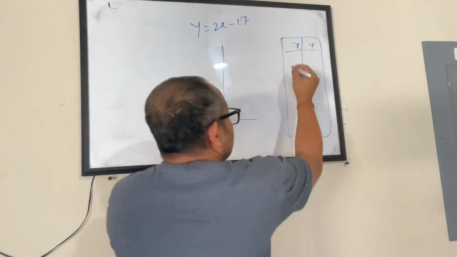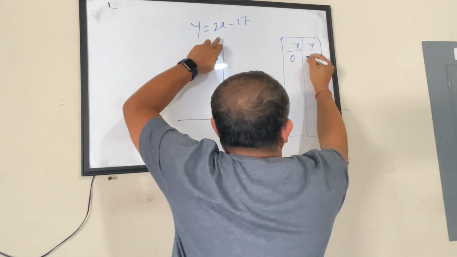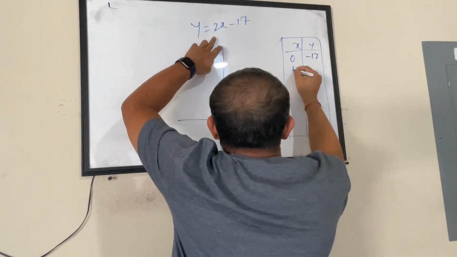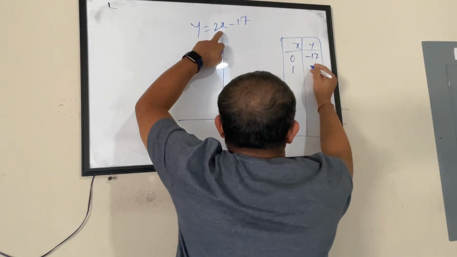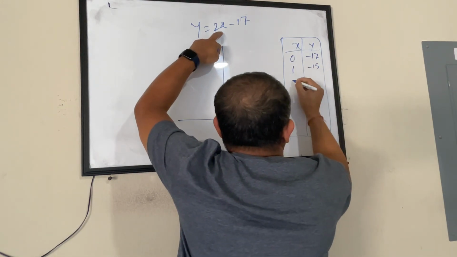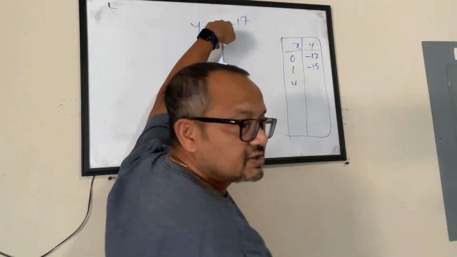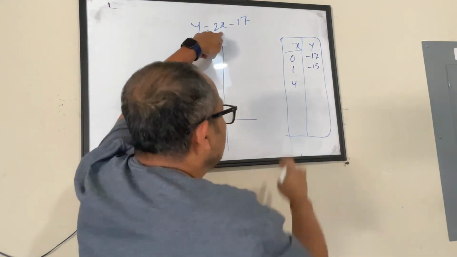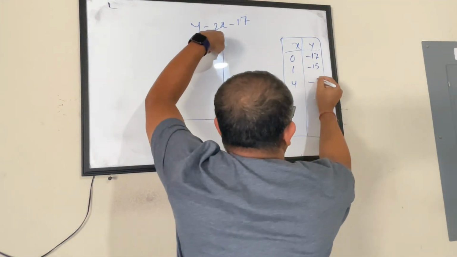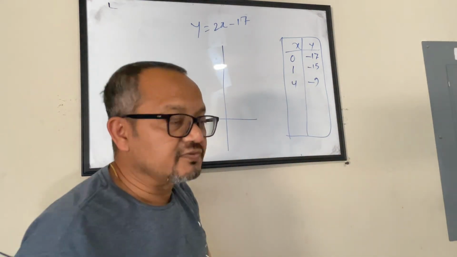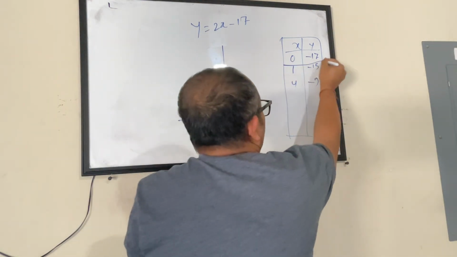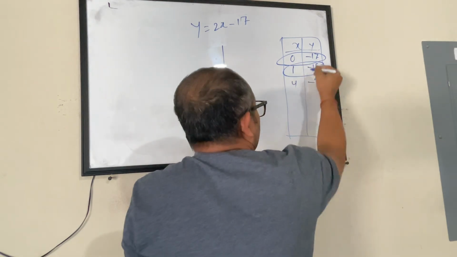So you will put x equals 0, find out the value of y is minus 17. You will put x equals 1, that gives you y equals minus 15. You will put x equals 4. I mean, you can keep choosing the numbers that you want to choose. x equals 4, that becomes minus 9. And 3-4 points that you find out become your coordinates for the first point, second point, third point.